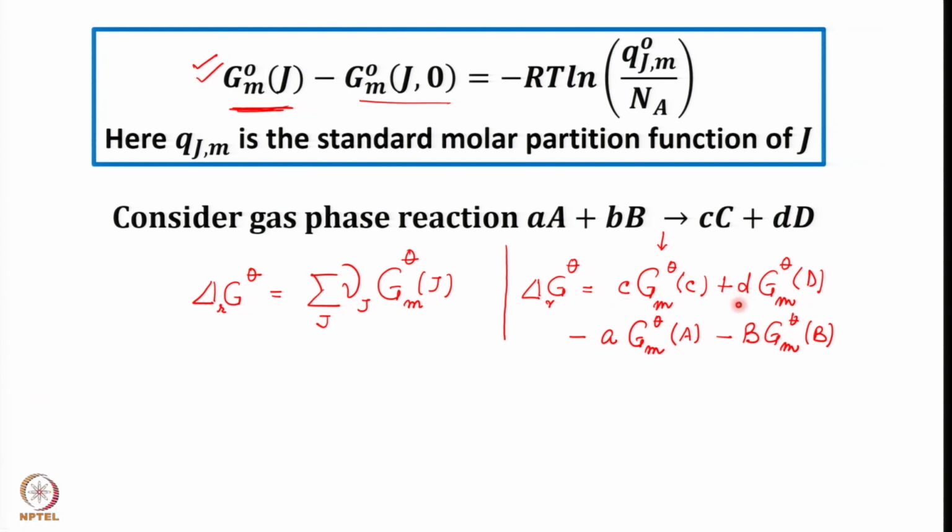C and D both have positive numbers, they are products. A and B are negative numbers here, these are the reactants.